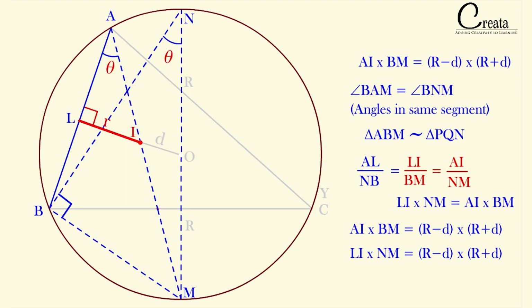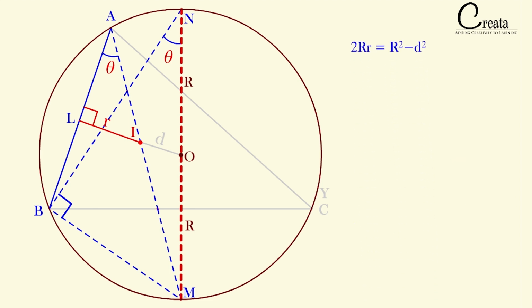Here we know LI is equal to small r, that is the inradius, and NM, that is this distance, is equal to 2 times capital R, that is 2 times the circumradius. Let's replace our terms. We got 2 times capital R into small r is equal to R square minus d square. On solving, we got d is equal to root of R square minus 2 times capital R into small r.